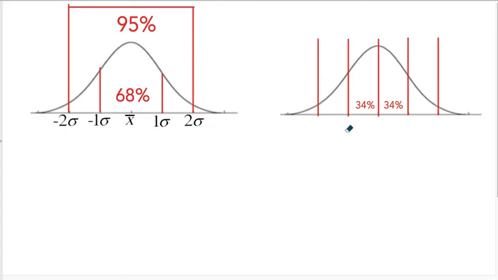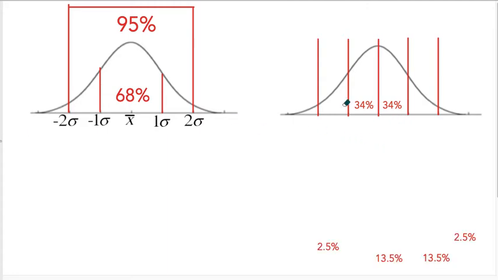So the first thing, it's easy to divide the 68 into two parts. So this bar then has 34% of the data, and this bar is 34% of the data because 68 divided by 2 is 34 and 34.